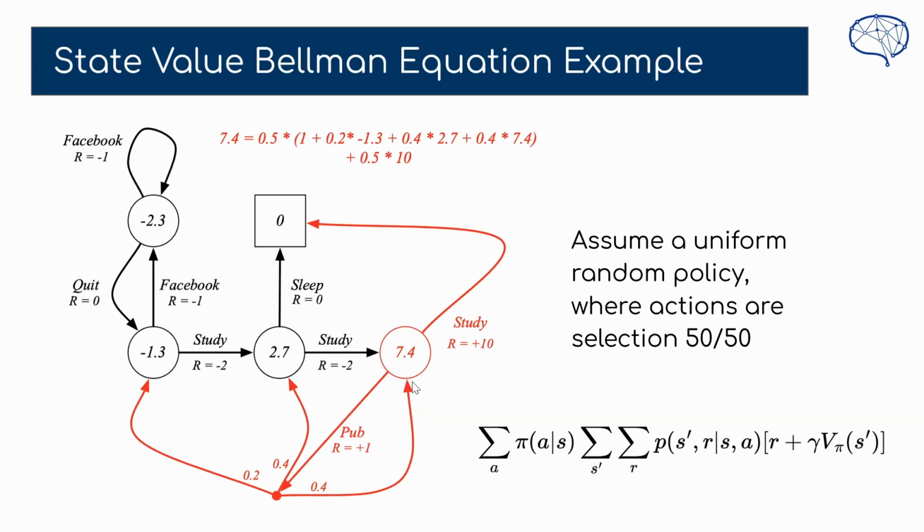Yeah, question? I have a question. When we calculate the value, we use the value negative 1.3, right? What do we do if we don't know these values in the first place? Because in order to get negative 1.3 within the diagram, we also have to refer to the 7.4 state. So what should we do if we don't know the values of those states?